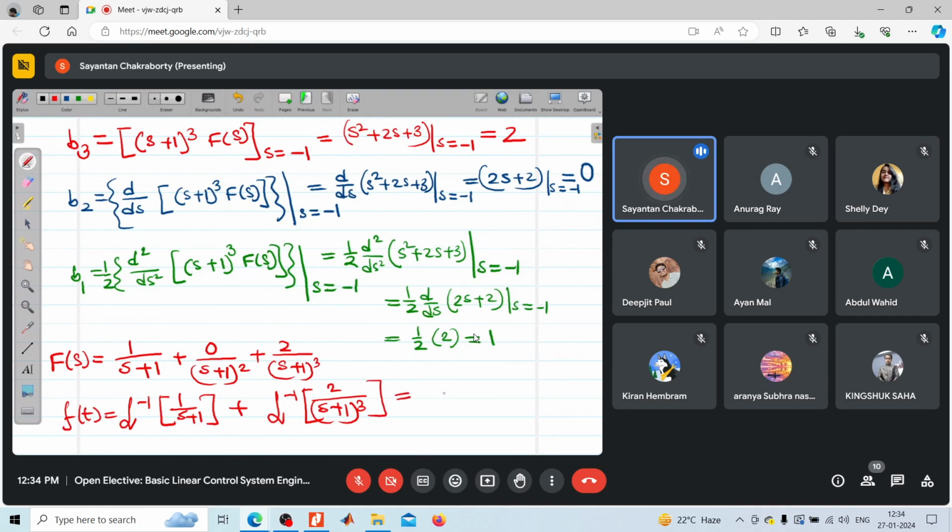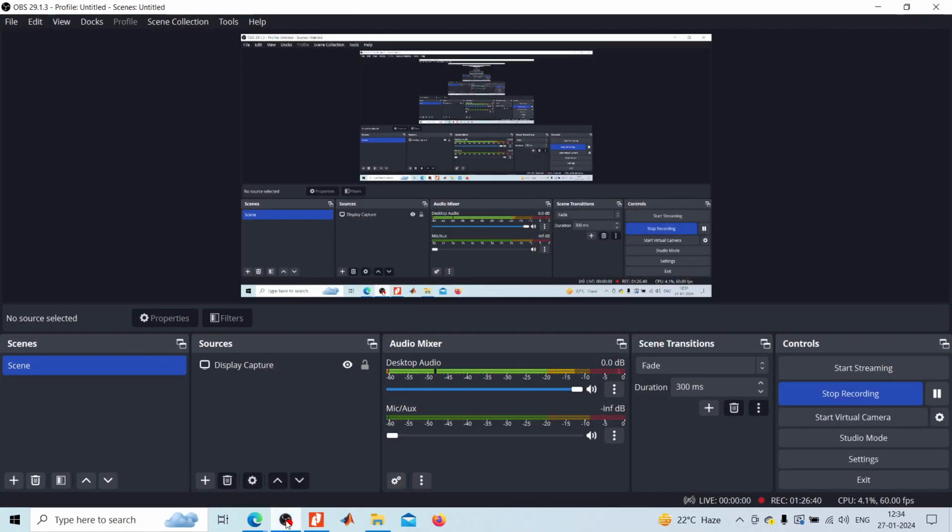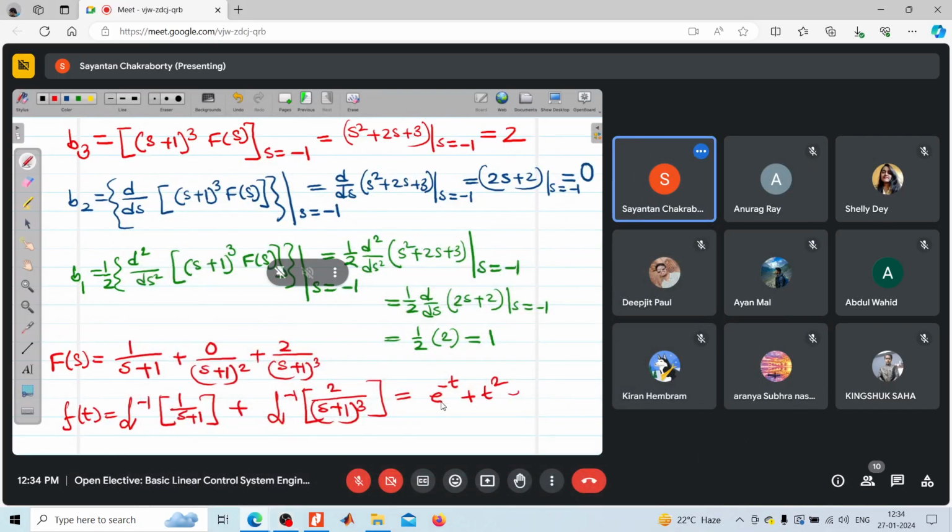So this is equal to e to the power minus t plus, since cube means it is t square, and since it has an s plus 1 factor, it will be t square e to the power minus t, for all t greater than or equal to 0. So this is the final answer, ft.